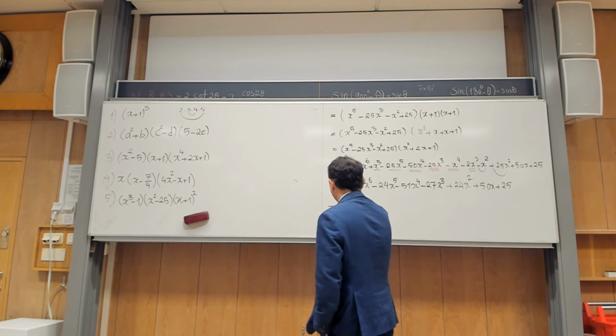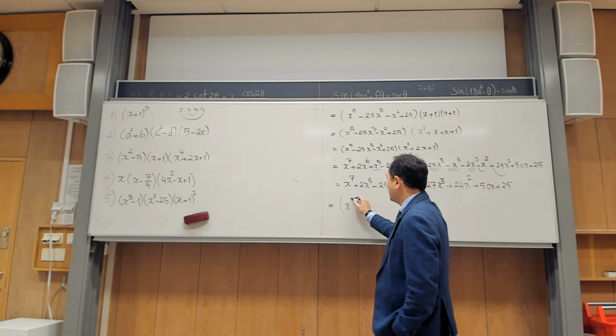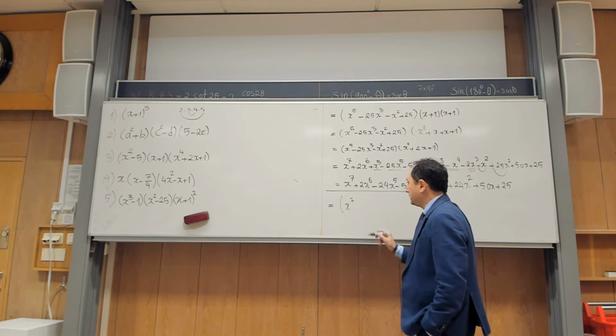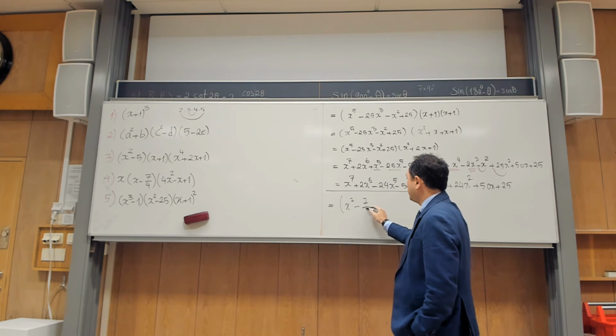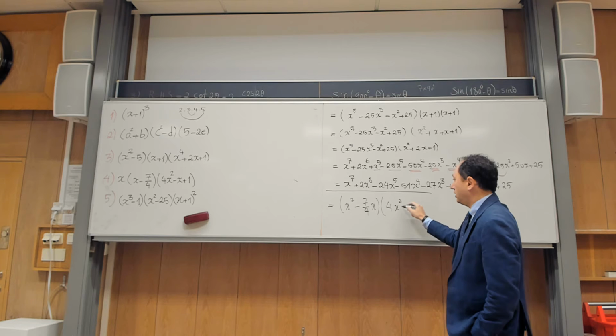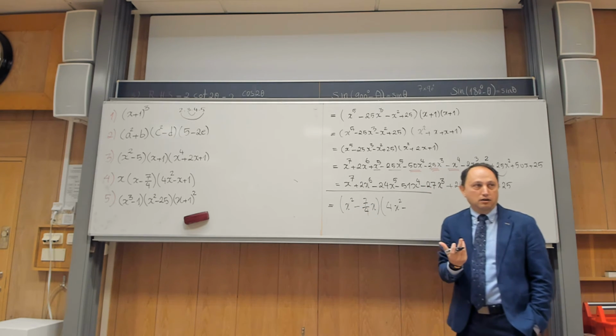So what can I do? I multiply x by x, so it becomes x squared. So this is number 4. Then I get minus 7 over 4 times x. And then I copy and paste. This is a have to, by the way. Don't be in a hurry. Because when you write equality, you need to respect the meaning of equality.